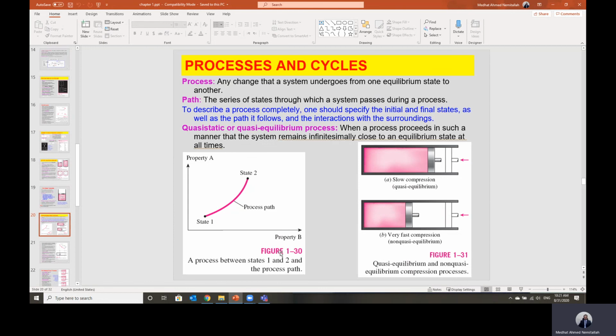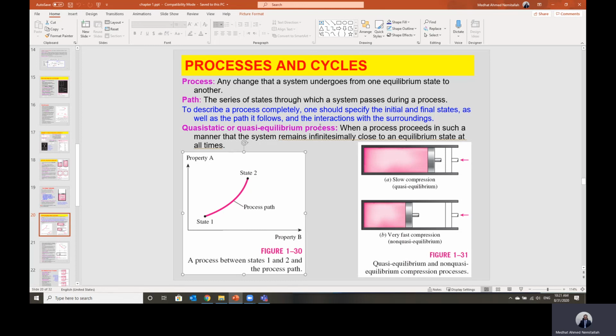Like if we are compressing, let's say, a gas from an initial state in a piston-cylinder device to a final state, we call this a process. And the path is the series of states between the initial state and the final state. Any point here we call a state. So the series of states represents this process, or the path.